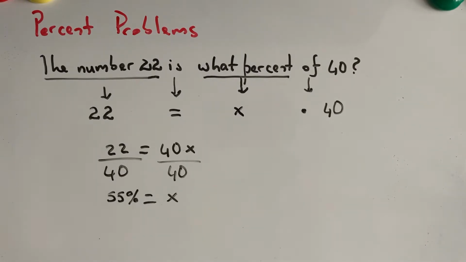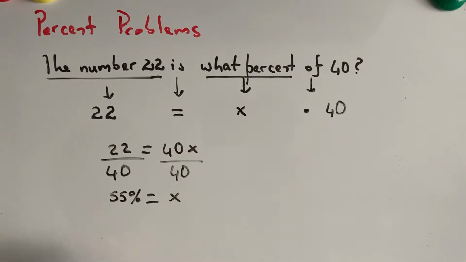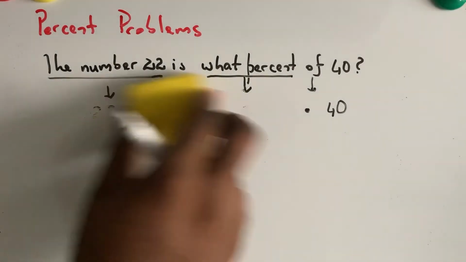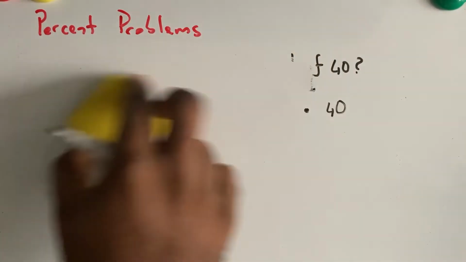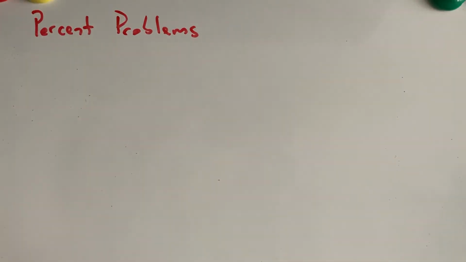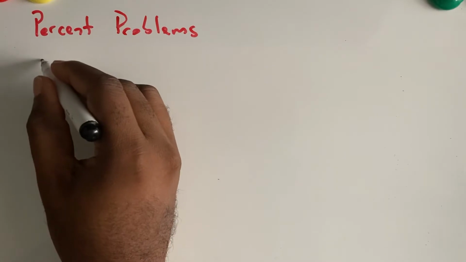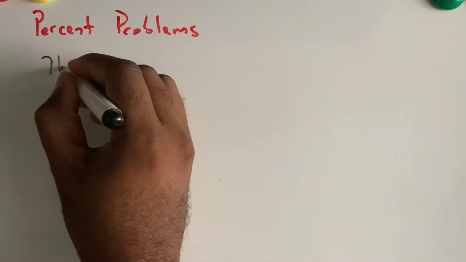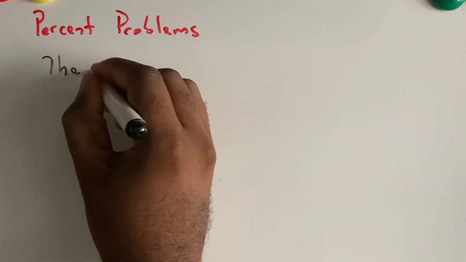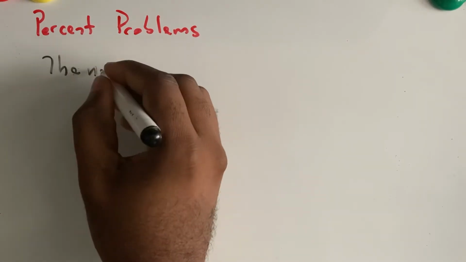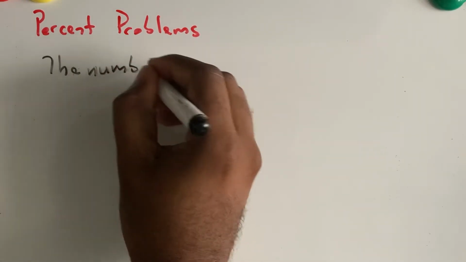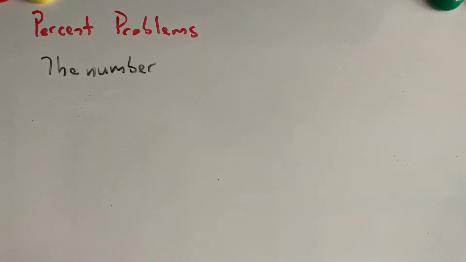How about another one? Let's try this one. Let me erase this so I can give you another one. Let's say now it's written another way. Let me use a different marker here.